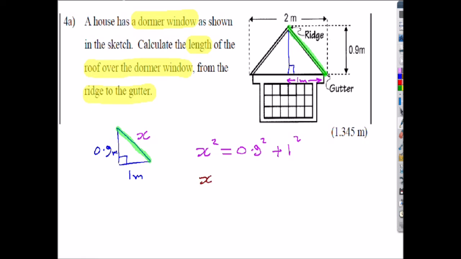So square root in both sides, x is equal to the square root of 1.81, and that's equal to 1.345 meters to 3 decimal places.